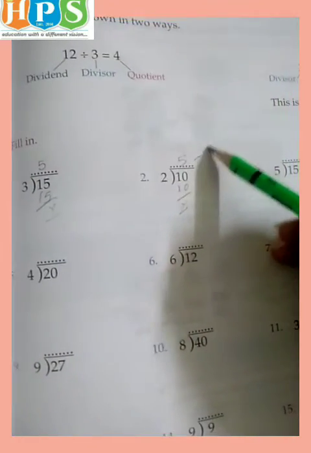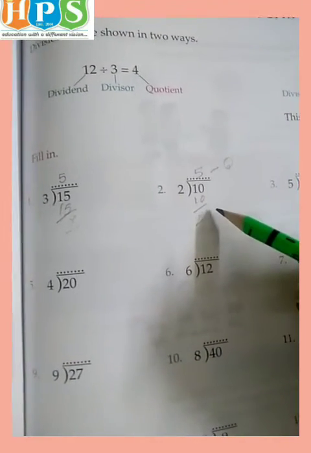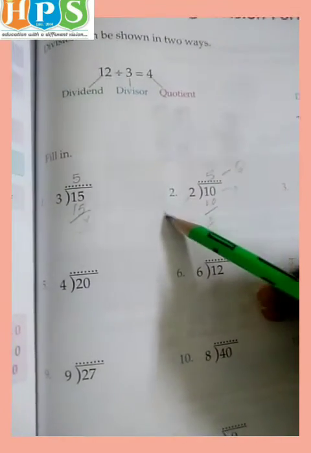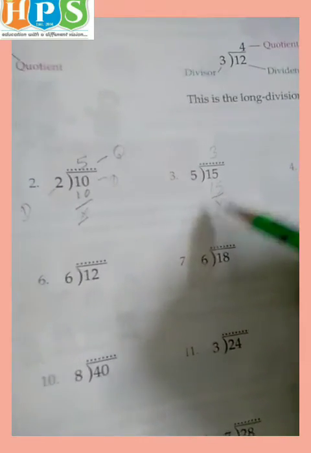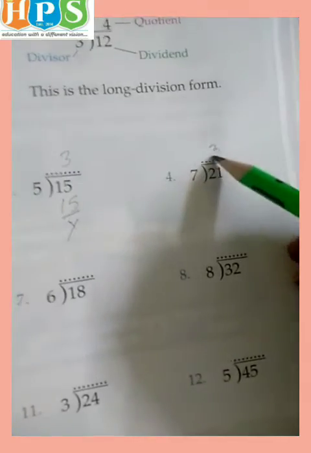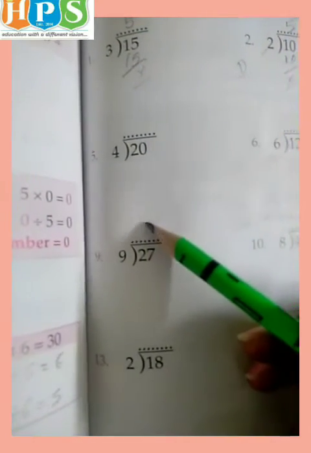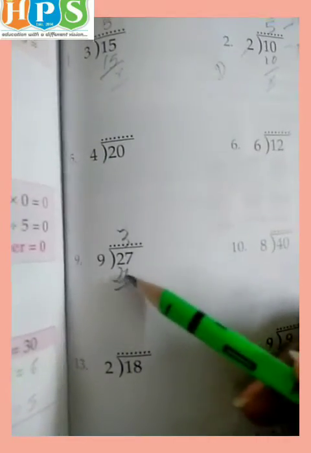This is quotient and this is dividend and this is divisor. 5 3s are 15. 7 3s are 21. 9 3s are 27. Okay.